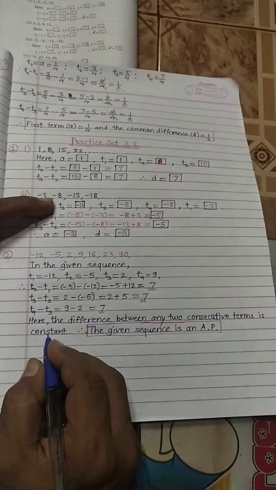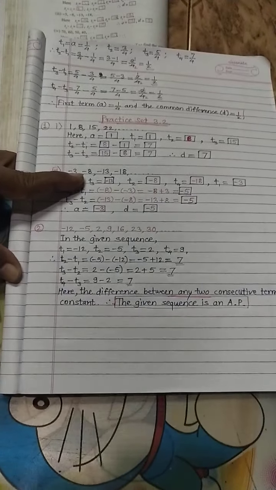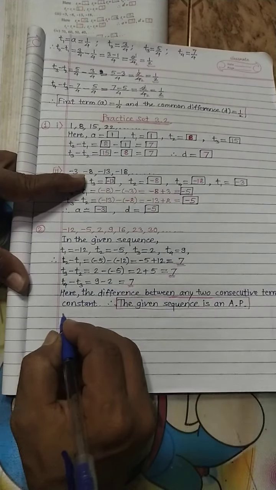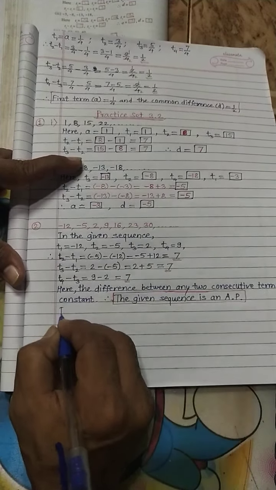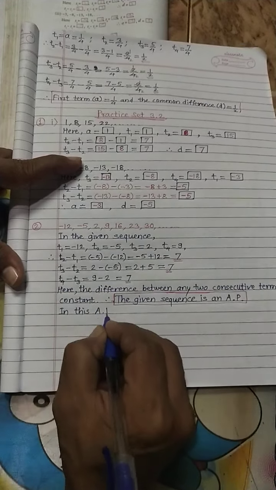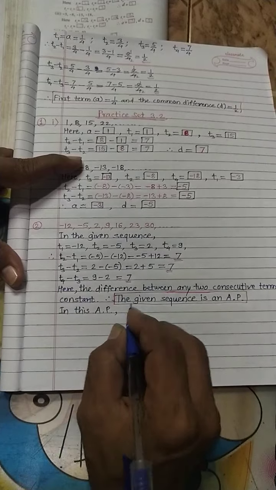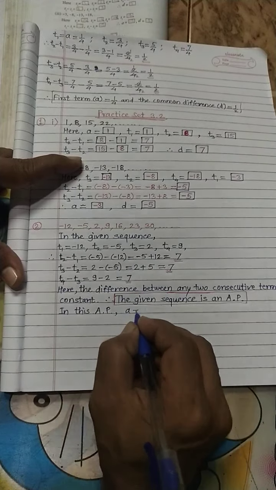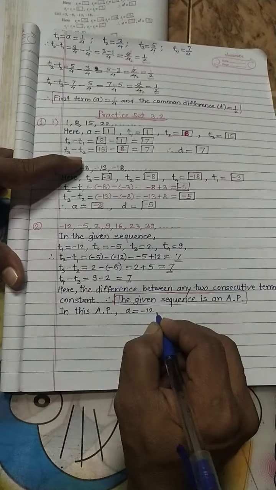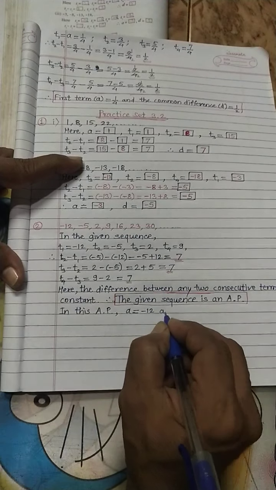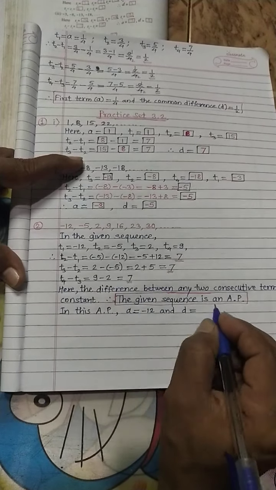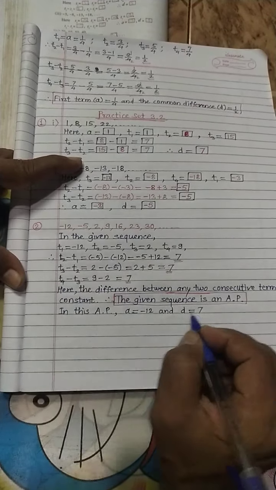So in this AP, A, the first term, is equal to minus 12, and the common difference D is equal to 7.